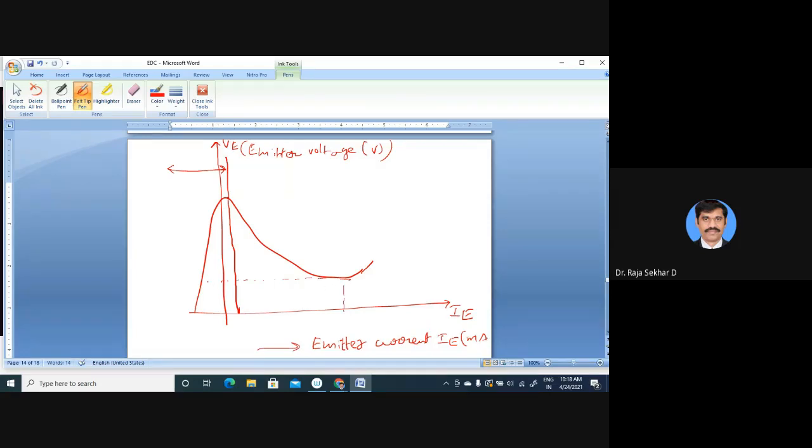This is called IV, valley voltage, and it is called VP, peak point.